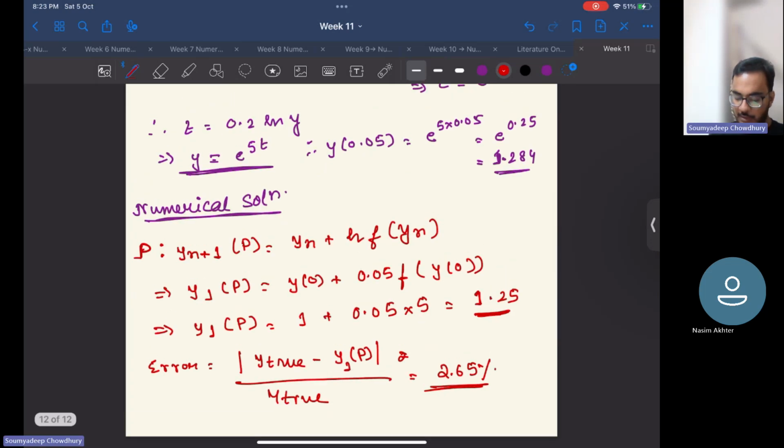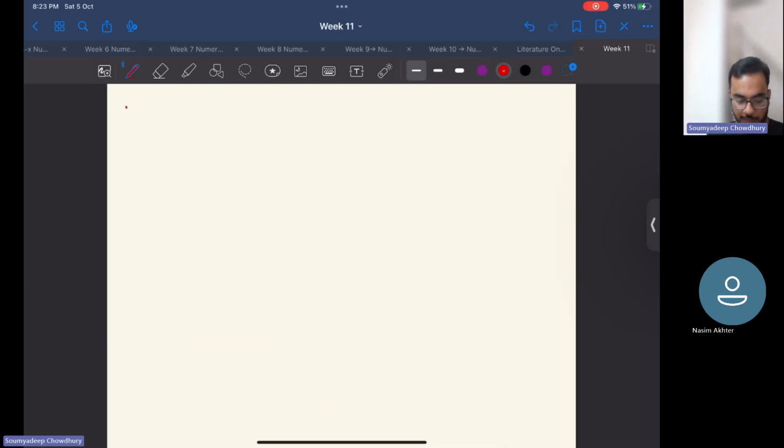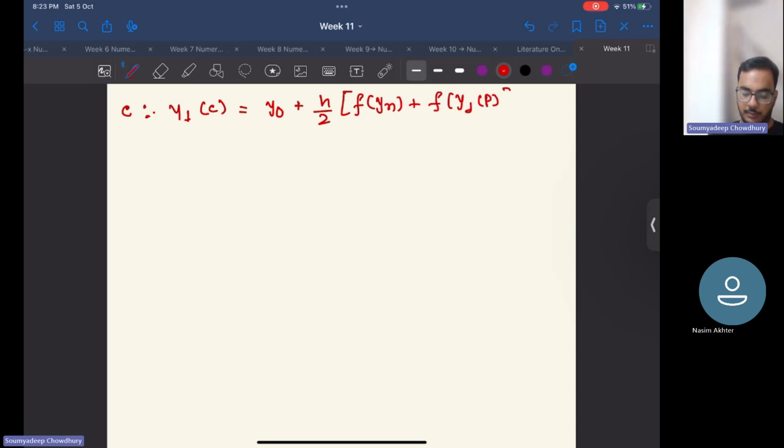So now we will see what we can do using the corrector. This next step is the corrector step, right? So yn plus 1 corrected is equal to yn, that is y0, plus h by 2 times f of y0 plus f of y1 predicted.